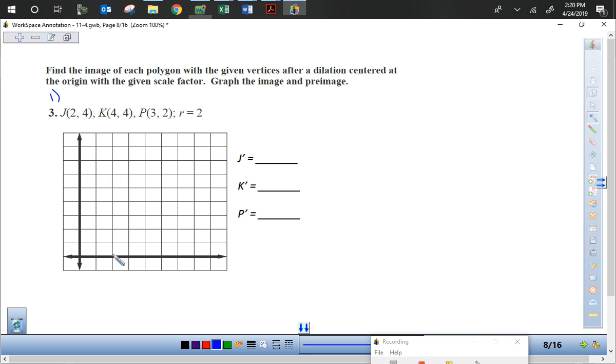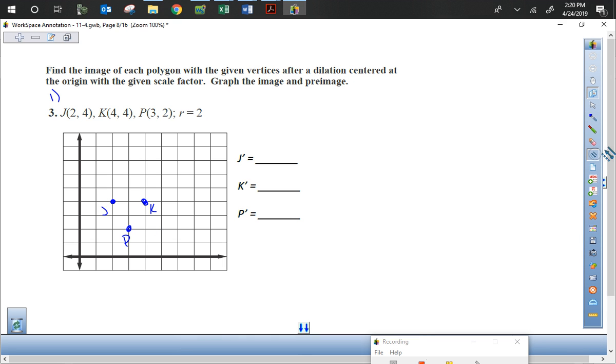So 2 to the right here, up 4 is our J. Then 4 to the right and 4 up is K. And then 3 to the right and 2 up is P.